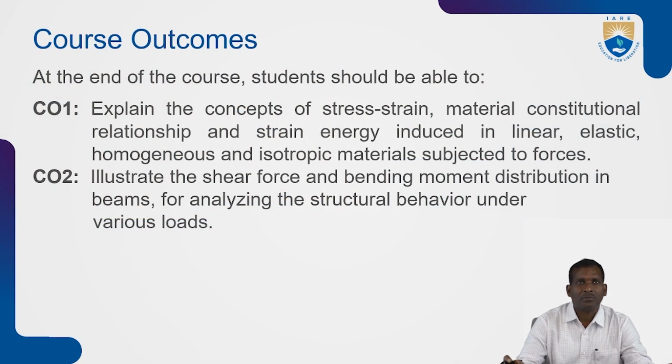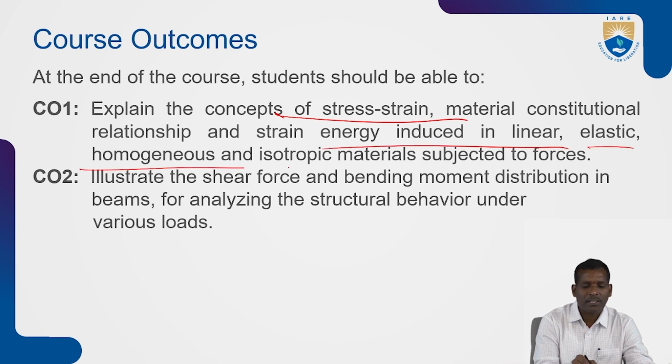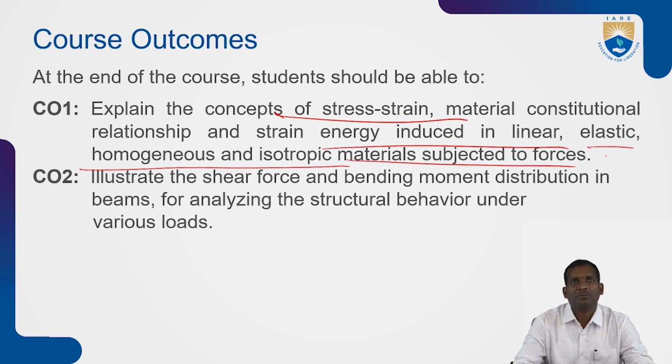Before entering into the actual subject, you should know about the course outcomes. At the end of the course, a student should be able to explain the concept of stress, strain, material constitutional relationship, and strain energy induced in linear, elastic, homogeneous and isotropic materials subjected to forces.